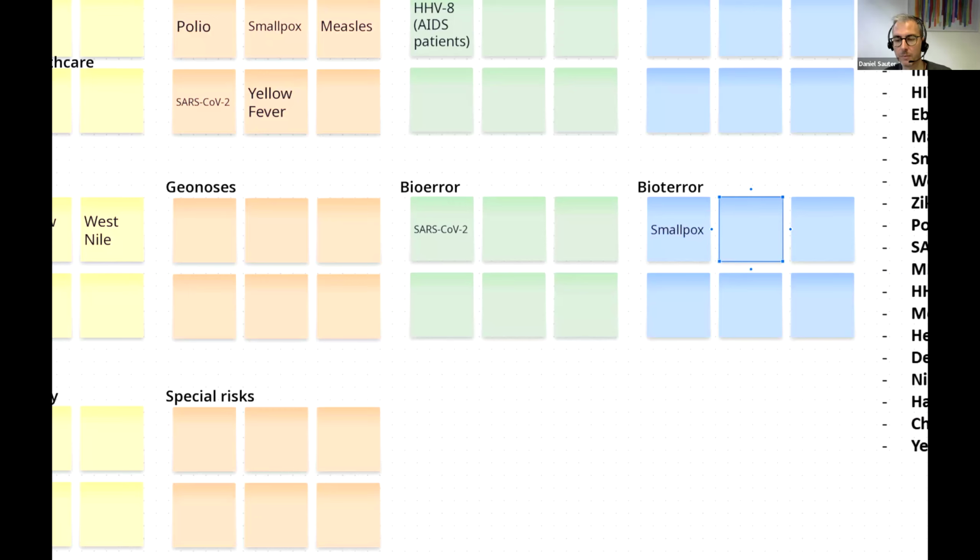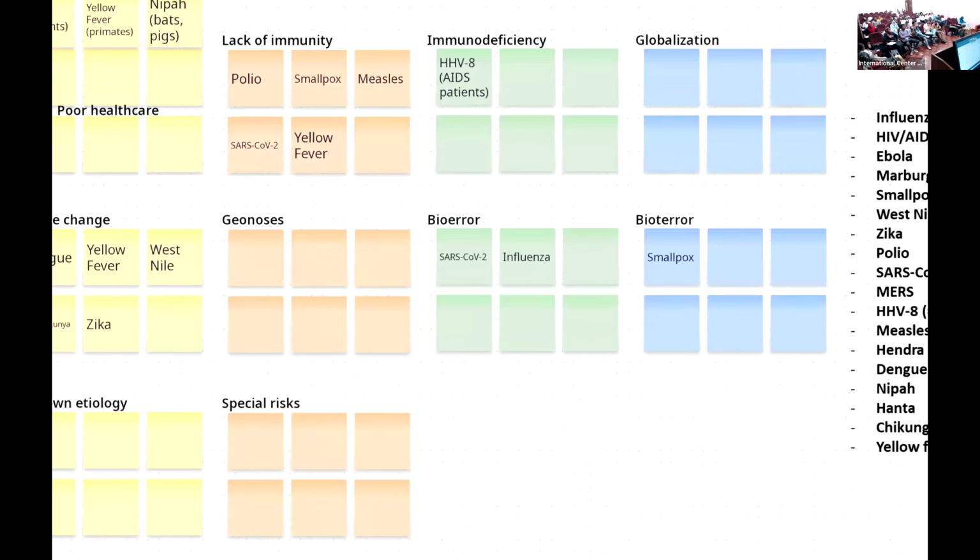I think smallpox is the best example here, and SARS-CoV-2 is a good example for bioerror. There are also a few examples of unintentional release of influenza virus from labs. So most likely there has been a lab leak in Russia at some point that caused an outbreak of a specific influenza virus. Or error or terror?